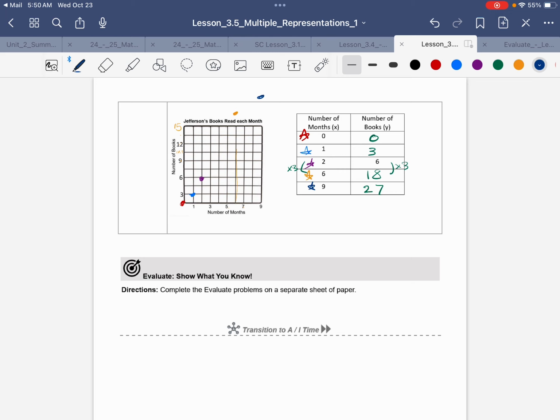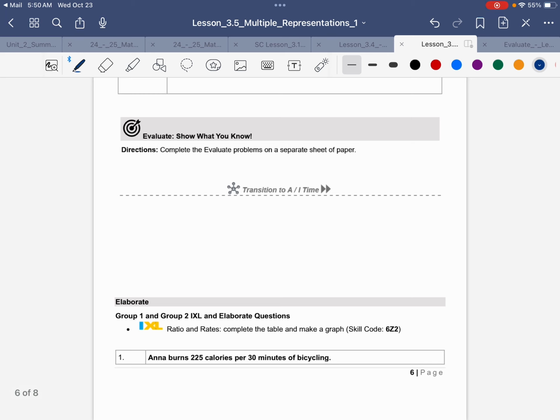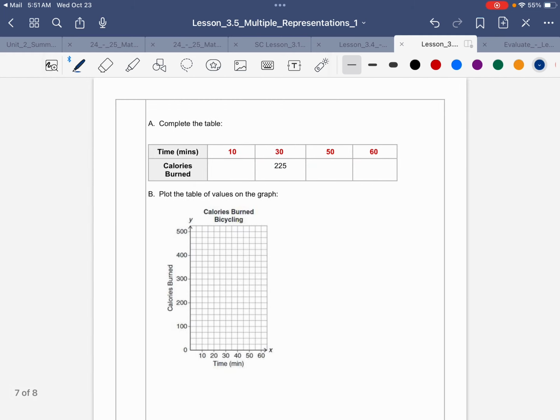All right. Let's work out a couple of these elaborate questions for you real quick, so you can get your IXL done. So it says Anna burns 225 calories per 30 minutes of bicycling. So your given ratio, 30 minutes, 225 calories. So we can use our scale factors again to build these relationships.